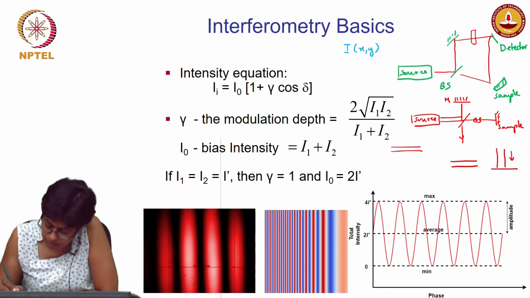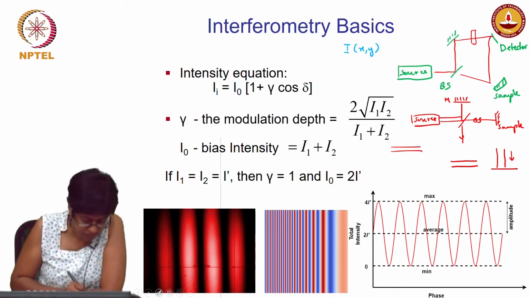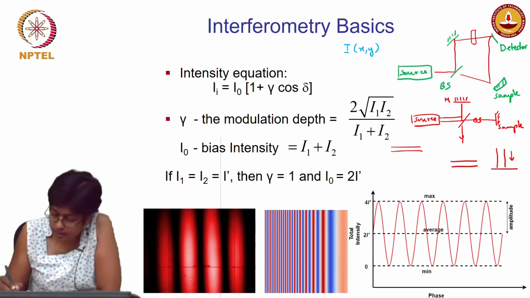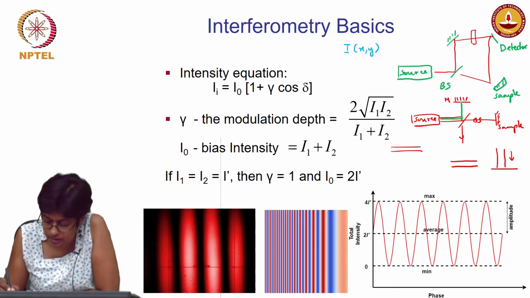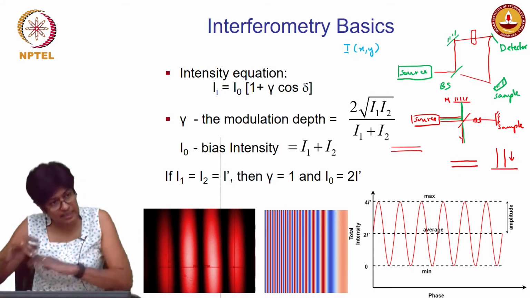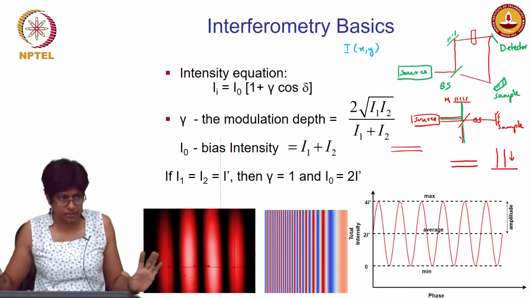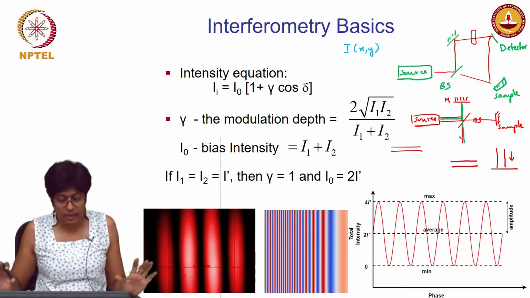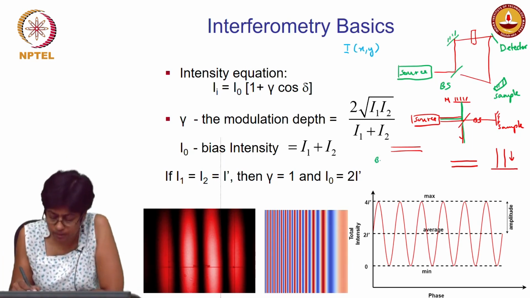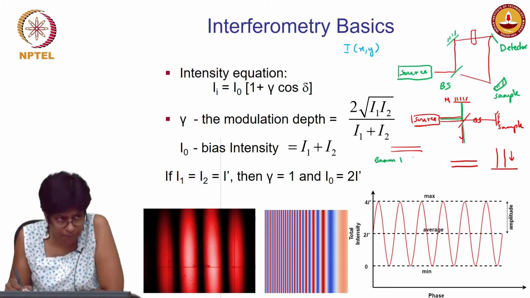In the sense, if I trace one beam, it travels this distance, it travels this distance, it travels back this distance, and then it travels this. Okay, let us assume all of that has happened. So let's say beam 1 has traveled an optical path length OPL1.